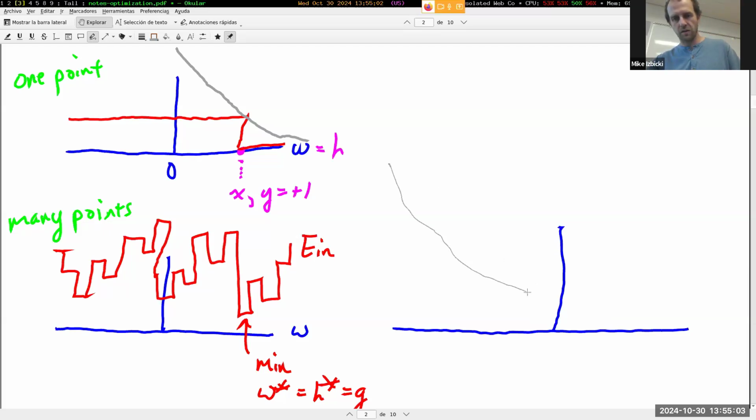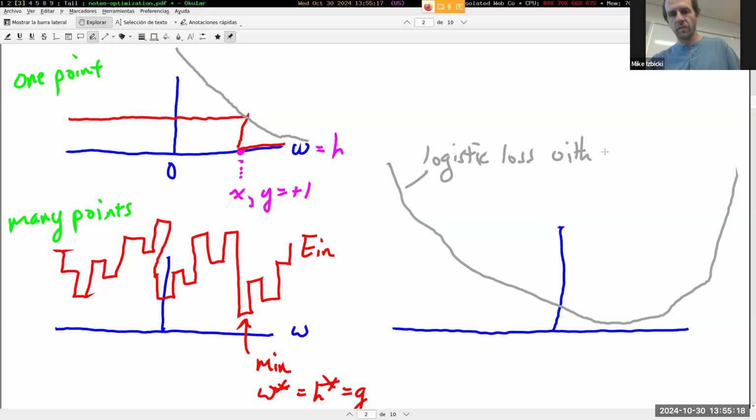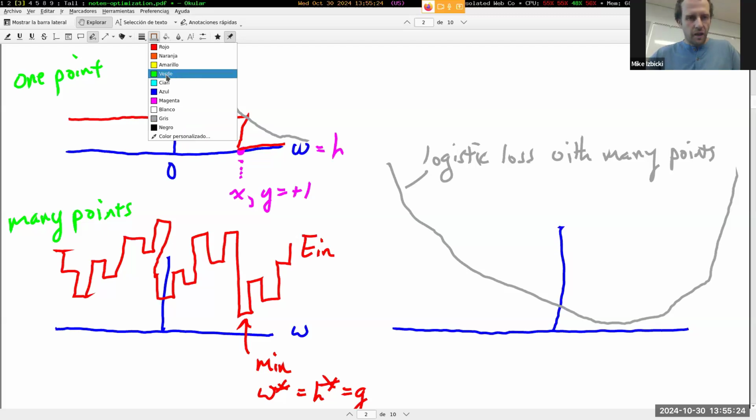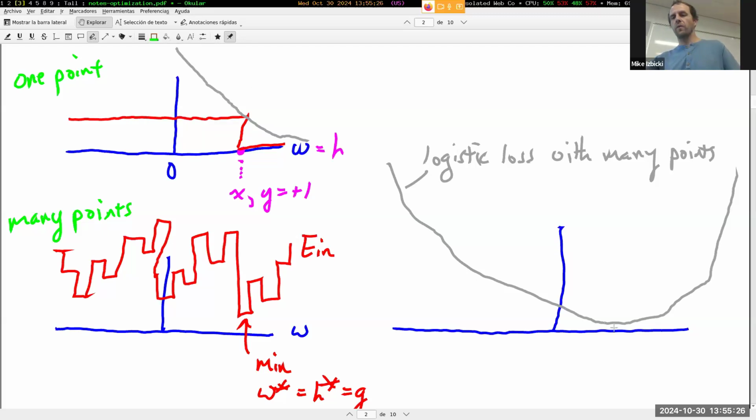I'll draw it something like that, an overall convex shape like this. And this is again the logistic loss with many points. And now it's very clear where the minimum here is. It's obvious that this is the minimum.